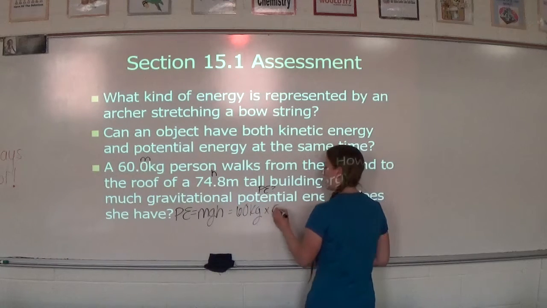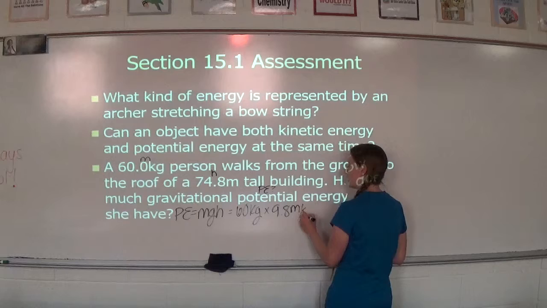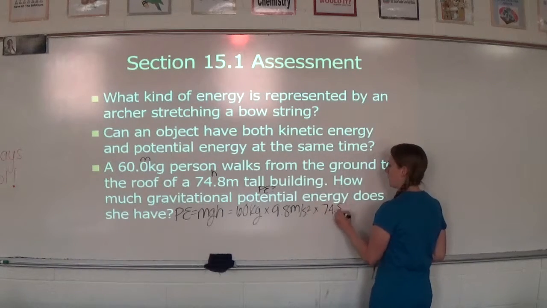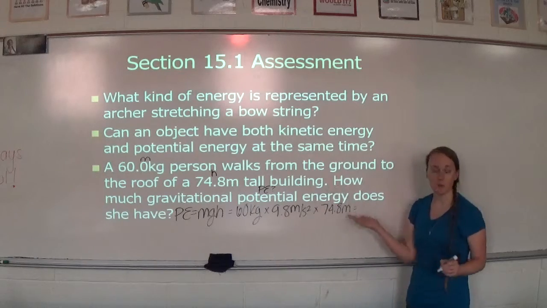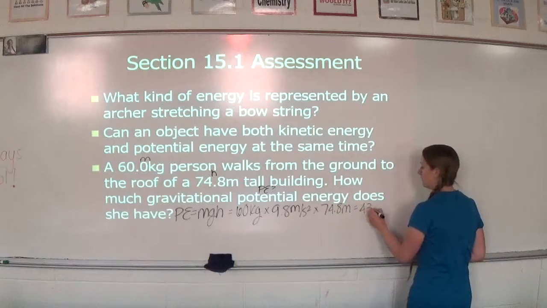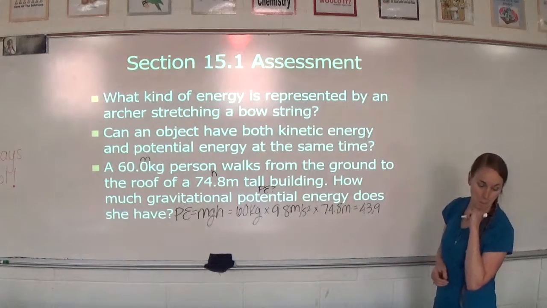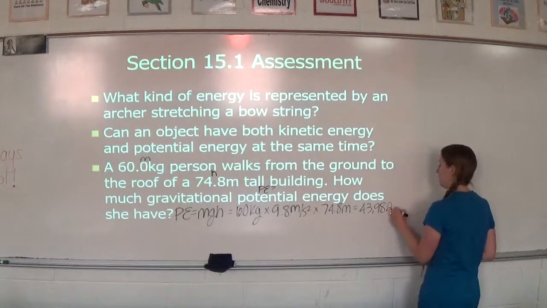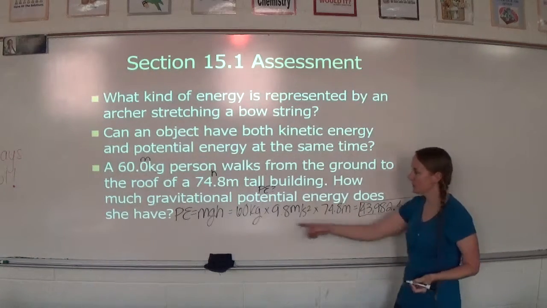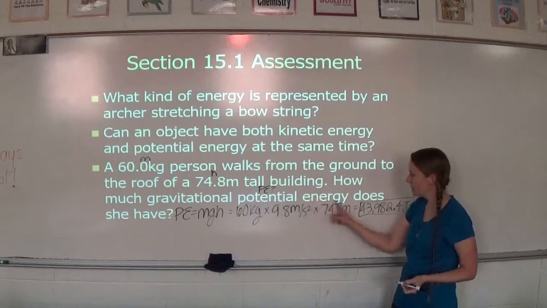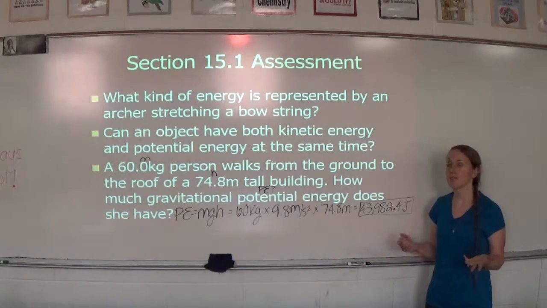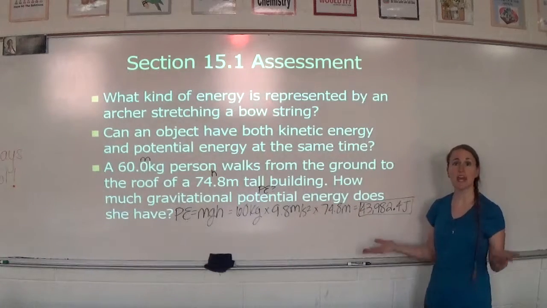My gravity is 9.8 meters per second squared, and that's just a constant. And my height is 74.8 meters. Once I multiply these three numbers, I get 43,982.4. And then my unit for energy, of course, is joules, which I would get because it's kilograms times meters squared per second squared. All right, so hopefully you understand the difference between kinetic and potential energy and how to calculate both.